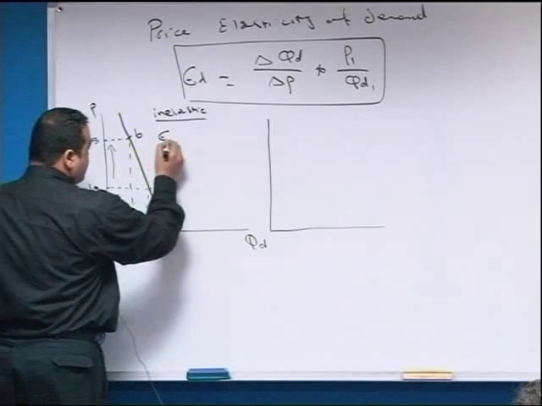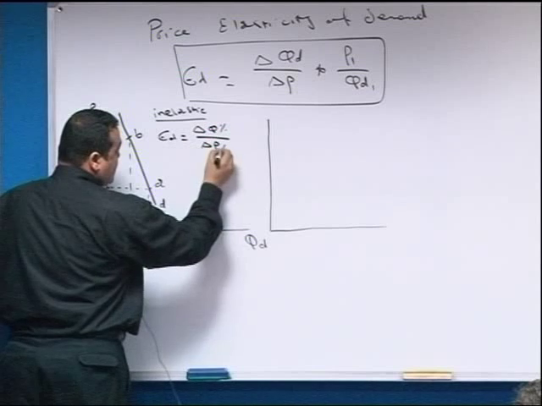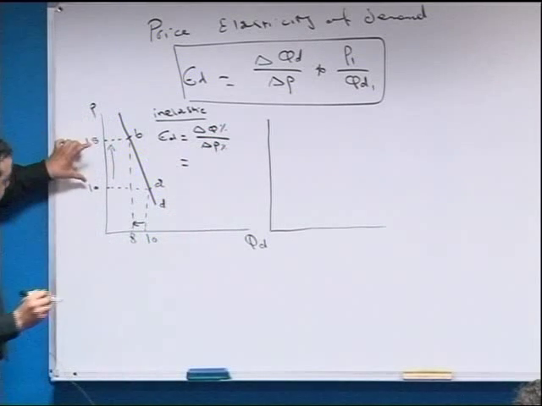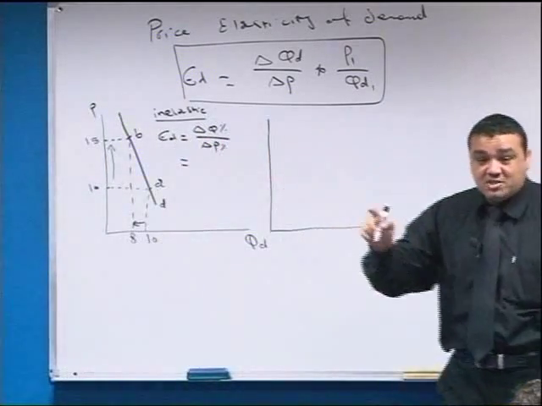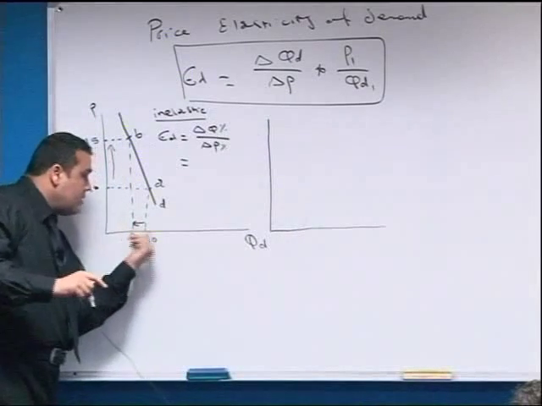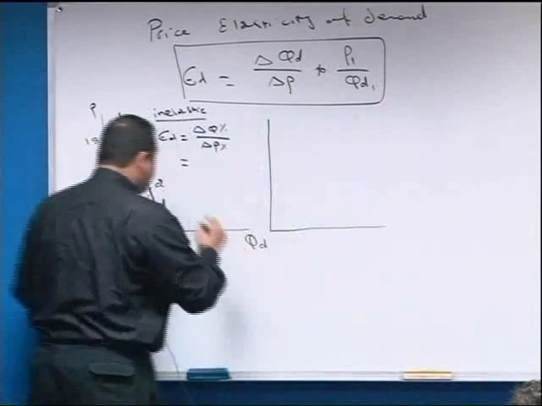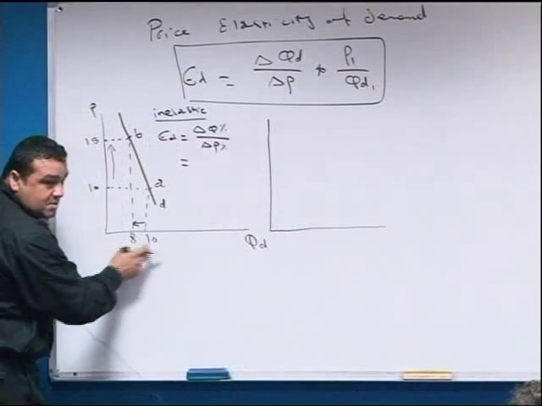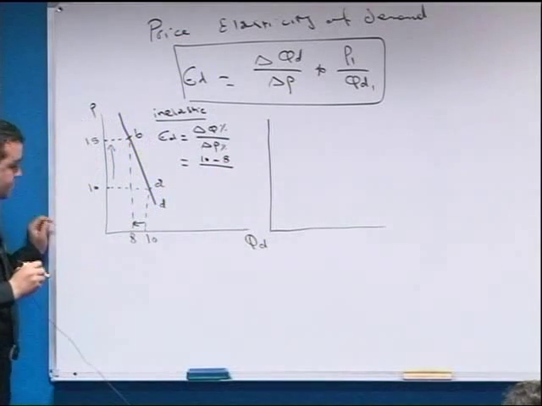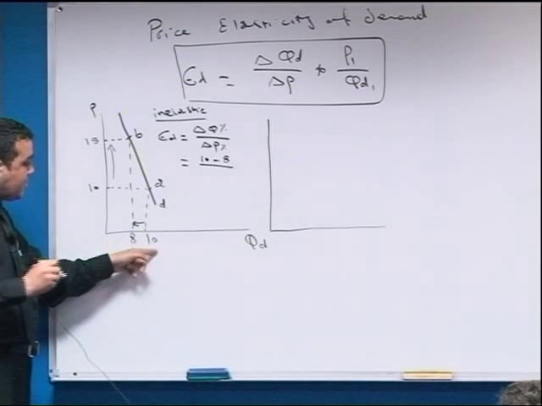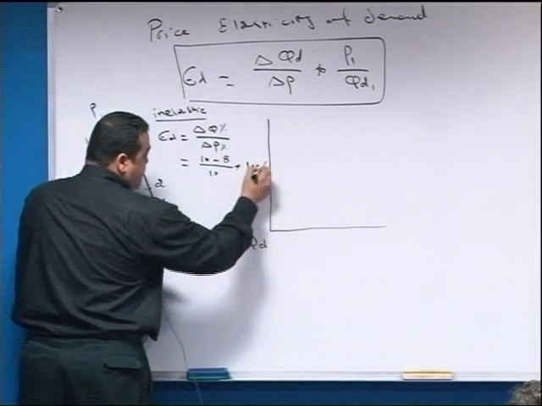So ED equals delta Q percentage over delta P percentage. The percentage change in the quantity demanded is how much? 20%, right? 20% equals delta QD equals 10 minus 8 over the new minus the old over the old one, 10, times 100%.